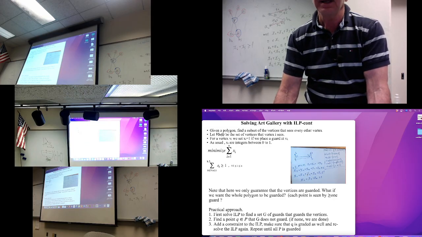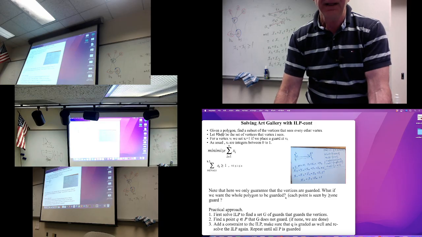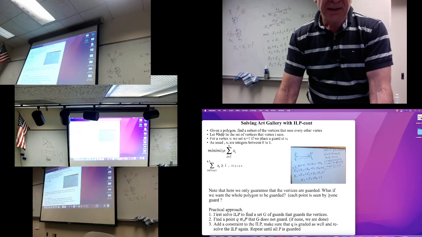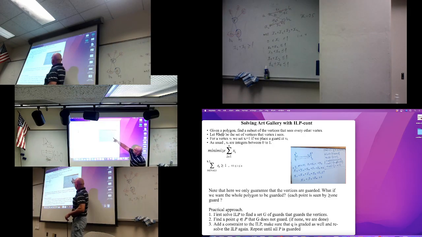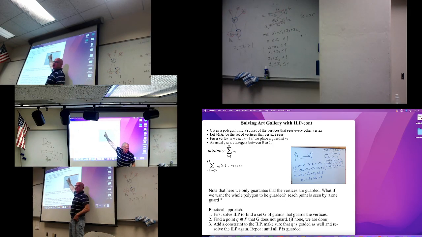So what I'll do is I'll solve the ILP with my original set. And now I check if the subset of vertices that I pick sees the whole polygon. If they see the whole polygon, I'm happy. In this case, it will work.